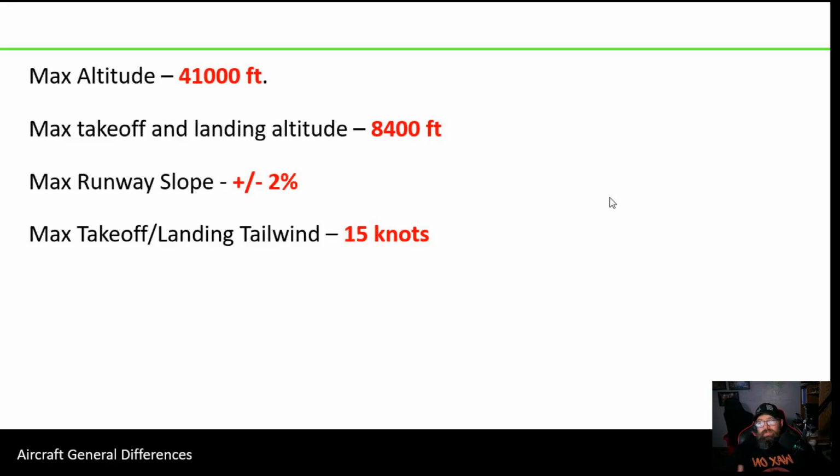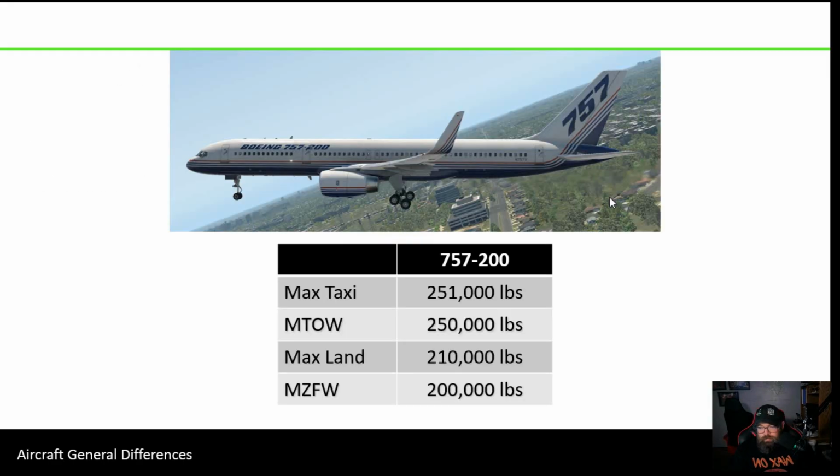And then your max takeoff and landing tailwinds, 15 is the main number, but there are some that are only restricted to 10. So just be cognizant of that and make sure that you're following your company's procedures and policies when it comes to their max takeoff and landing tailwind limits, because there are some airplanes that are only 10 knots. Predominantly, though, you're probably going to see 15 knots, but just be aware that it may be different.